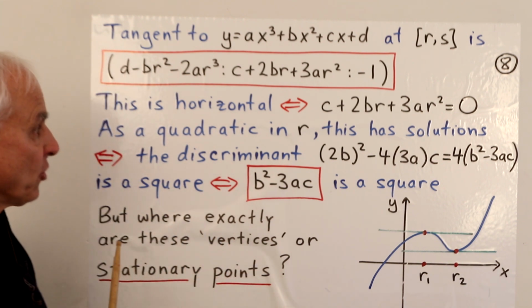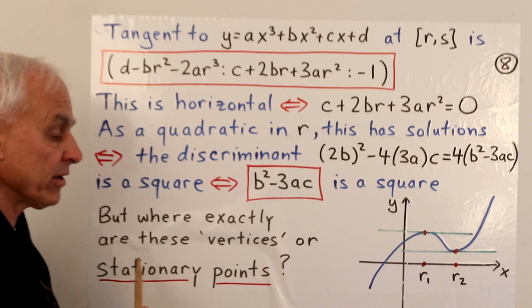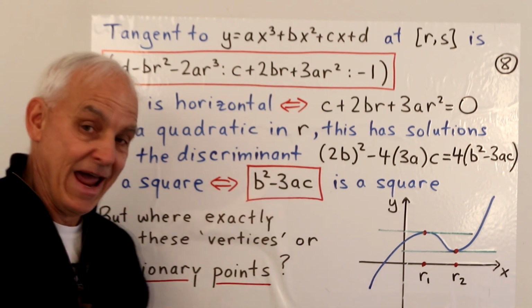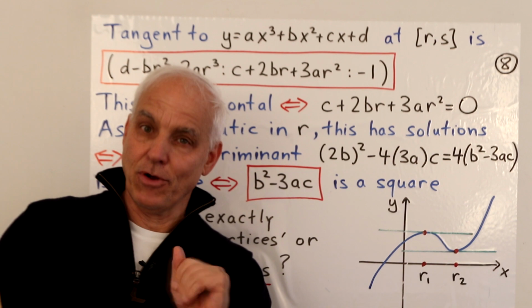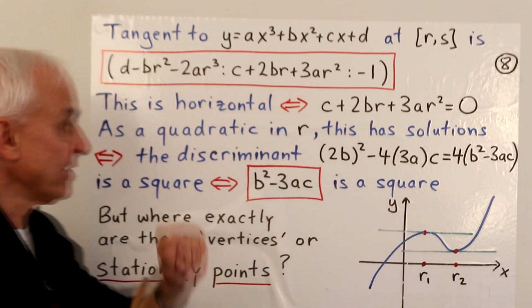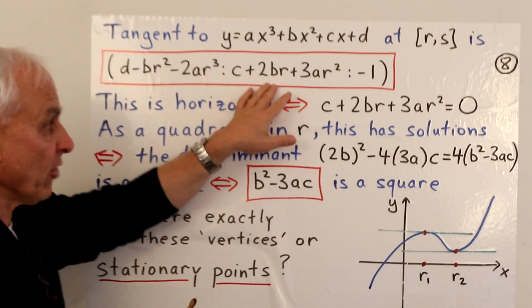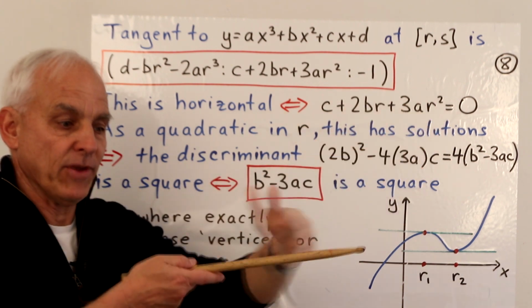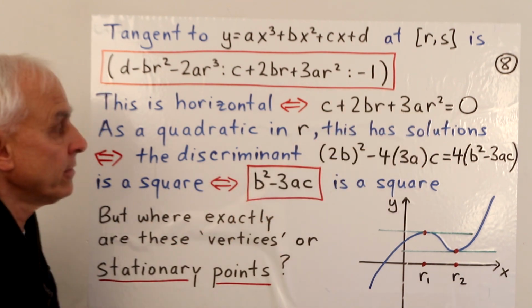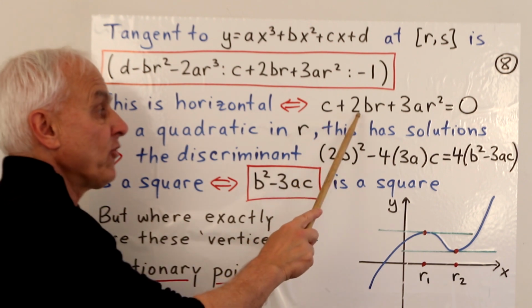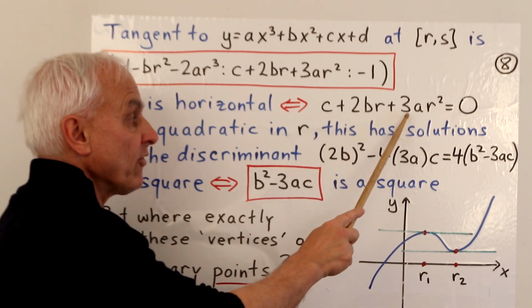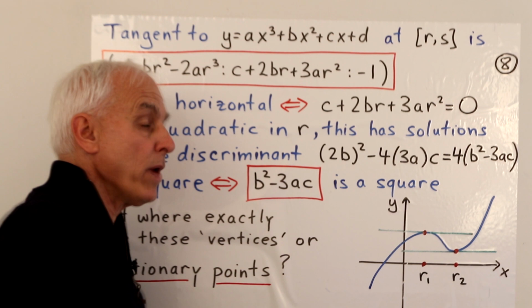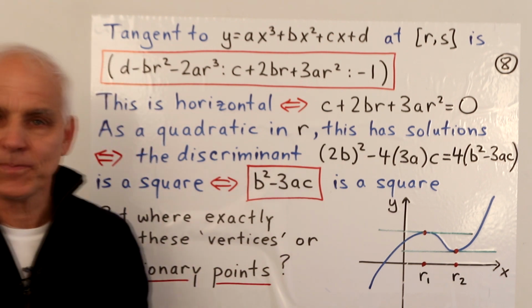Well, just as in the quadratic case, we get a horizontal line when this coefficient of x in the equation is 0. So that it's something plus 0 minus y equals 0. That's y equals something. That's a horizontal line. So the condition is that c plus 2br plus 3ar squared is 0.